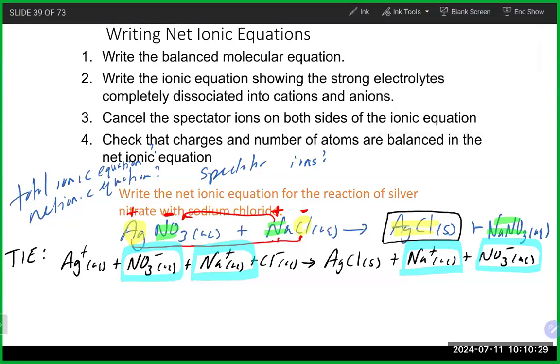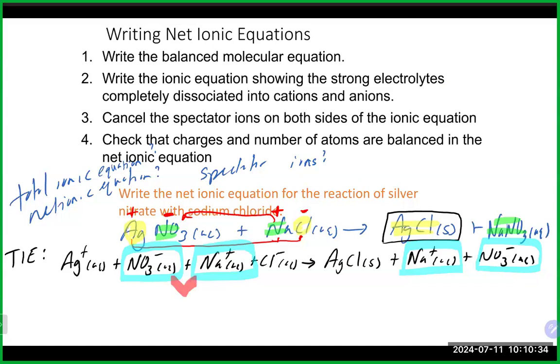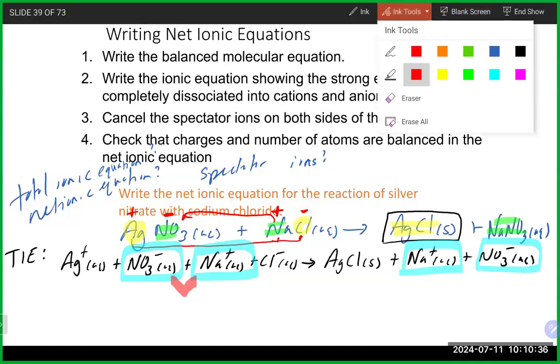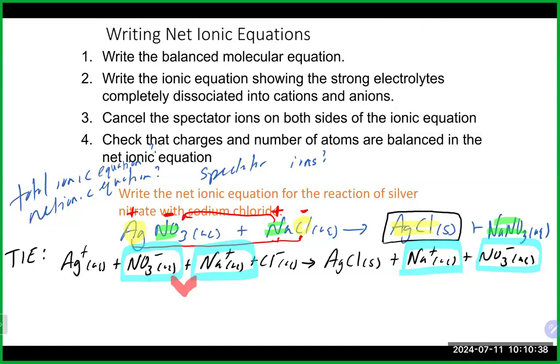And as we talked about, they're essentially just kind of hanging out and watching what's going on. And in this equation, we do cancel them out. You can think of the arrow like an equal sign. It just kind of subtracts off from both sides.